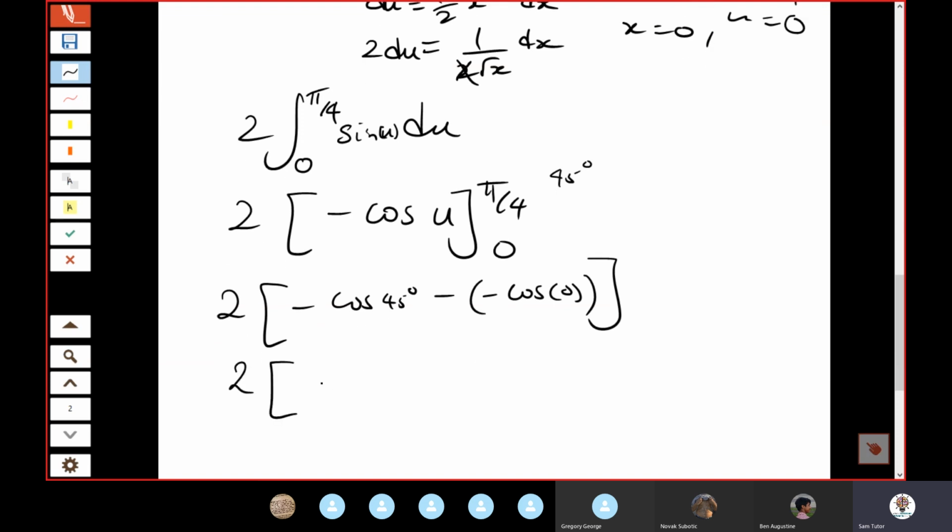Next, cos 45 is root 2 over 2 using your exact values. And cos of 0 should be 1, if I'm not wrong. Then just expand and simplify that. 2 times 1 is 2. 2 and 2 cancel out in this case, and you're just left with negative root 2.